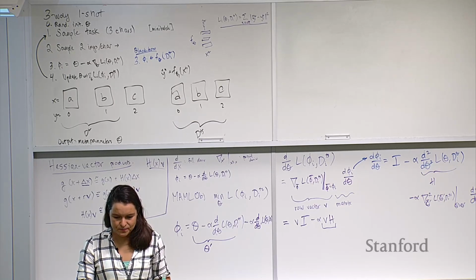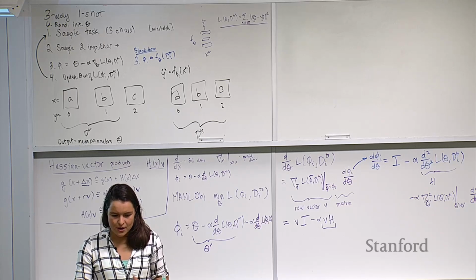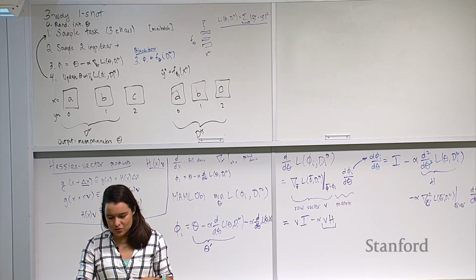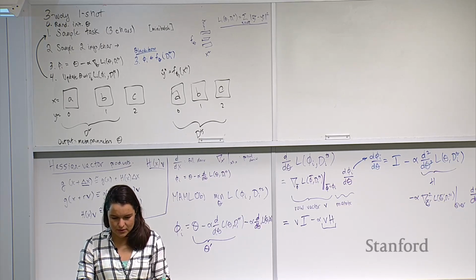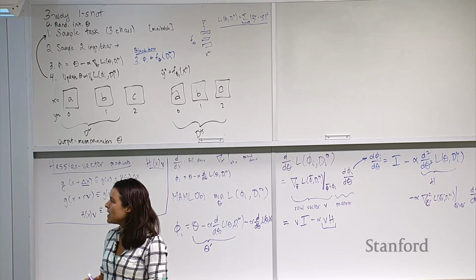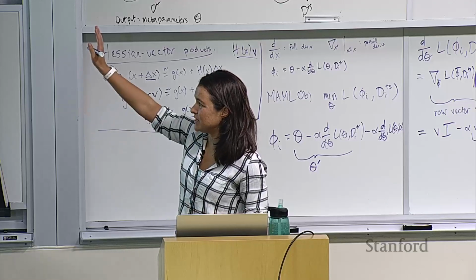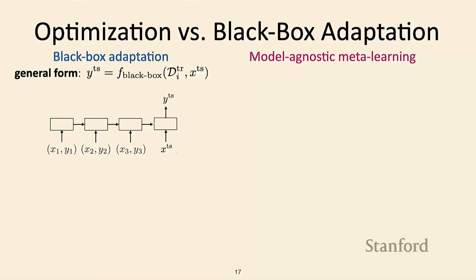At a conceptual level, there's a way that you can look at these two things that's quite similar. The general form of black box adaptation was to pass in the training data set and the test input into this big neural network and get a corresponding prediction. For an algorithm like MAML, you can also view it in a very similar light, as a computation graph that takes as input the training data set and a test input.